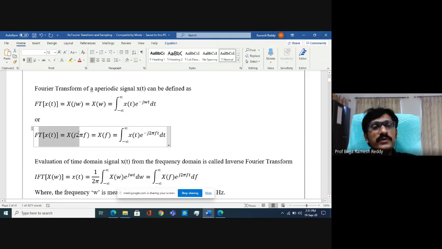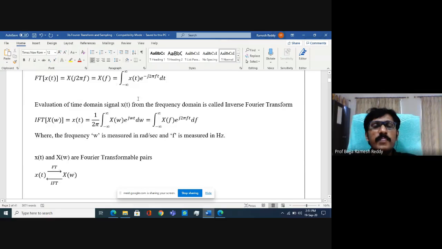Same formula, Fourier transform of x of t is represented with X of j 2 pi f, where omega is equal to 2 pi f. That is simply X of f. No need to write 2 pi f again here, because this is the frequency domain. Just X of f, that is enough. Same formula, instead of omega put 2 pi f, e power minus j 2 pi f t dt. That's all. We can use the first formula or the second formula.